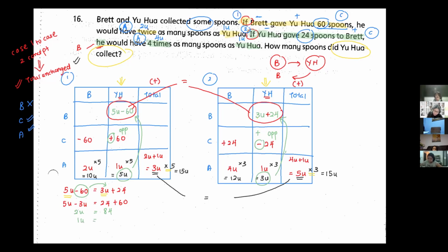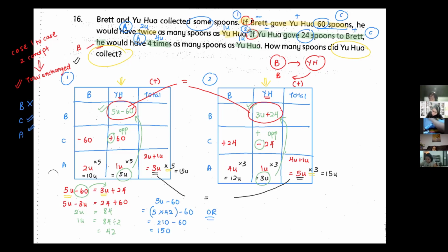1 unit is 84 divided by 2 and I get 42. Do I stop there? I do not stop there because I want to find Yuhua. Either you use this one or you use this one. I can just choose any one. So let me use 5 units minus 60 equals to 5 times 42 minus 60, and I will get 210 minus 60 equals to 150.